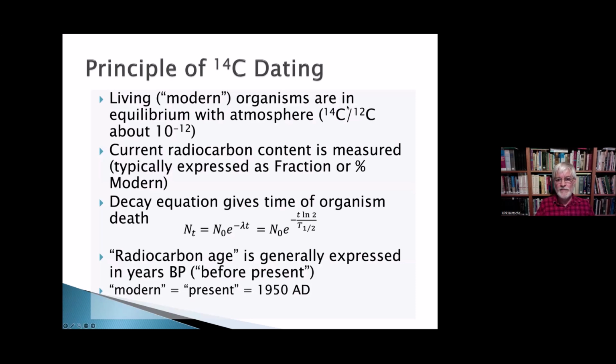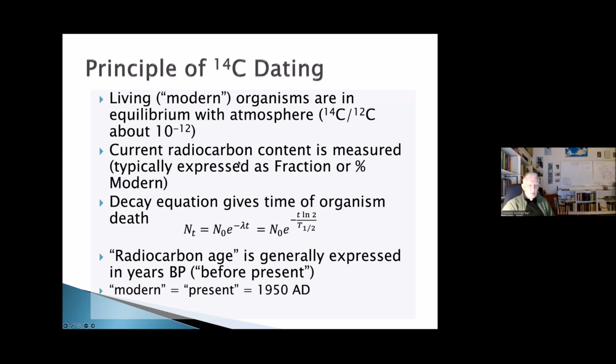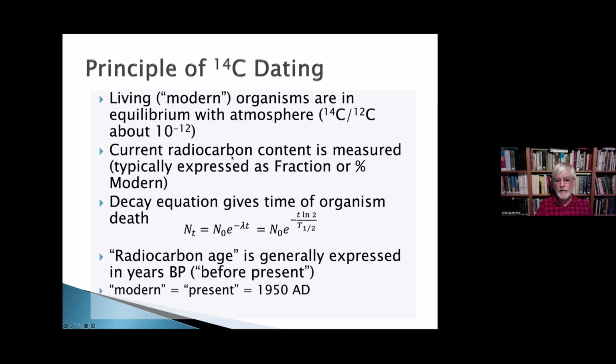So the principle of carbon-14 dating is that living organisms are in equilibrium with the atmosphere. They're taking in radiocarbon as they live. Then you measure how much radiocarbon is in some sample, as the fraction of modern carbon or percent of modern carbon, however you want to do it. And the decay equation, this exponential decay curve that we looked at, gives the time that the organism died.